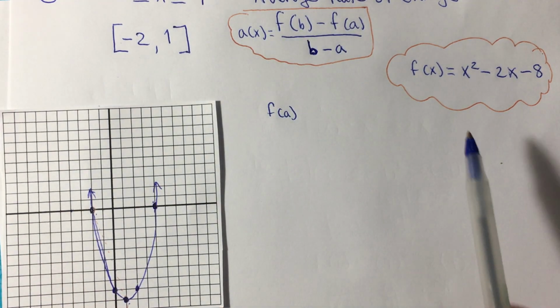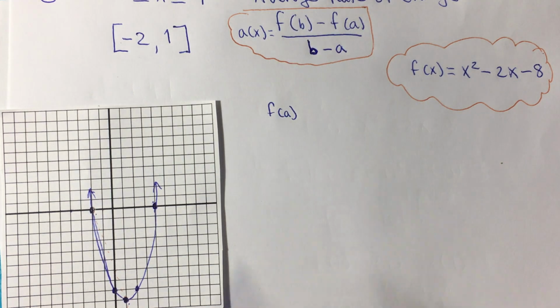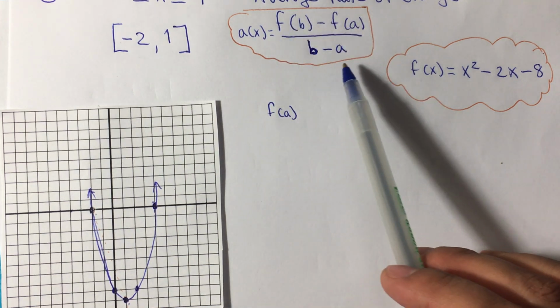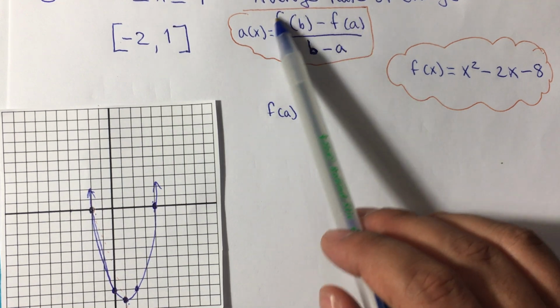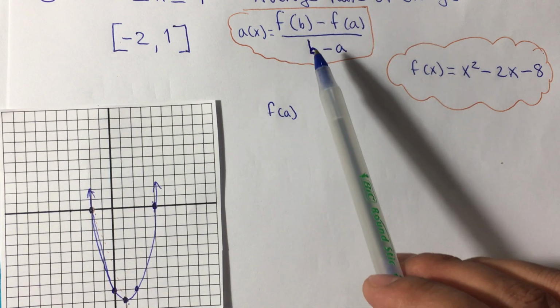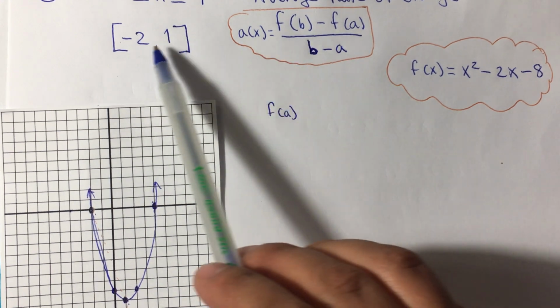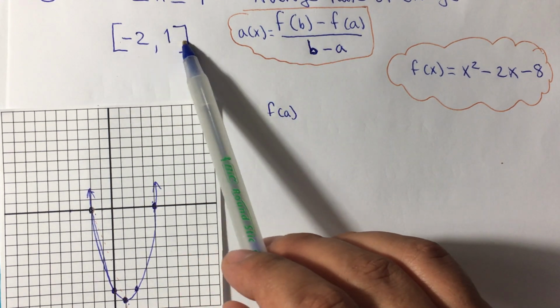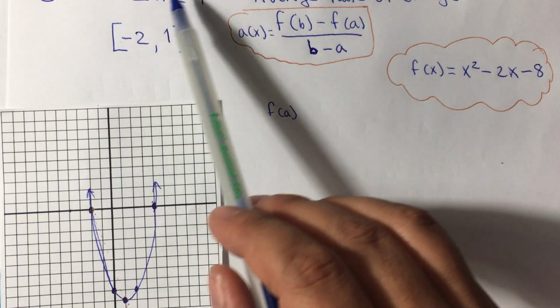At the beginning I told you how this is related to the slope. Remember that the slope is y2 minus y1, meaning the change in y, over x2 minus x1. Notice how in here these are the two values for x, so that's your b and a: b minus a.